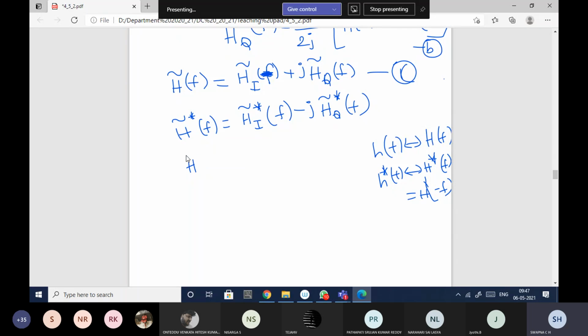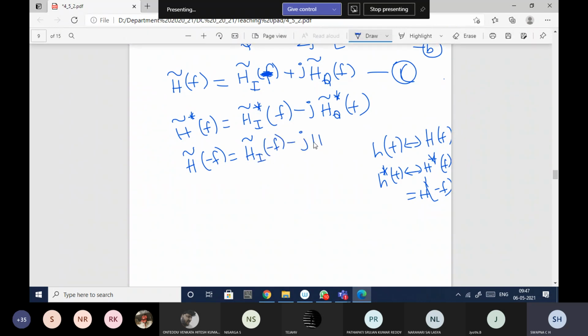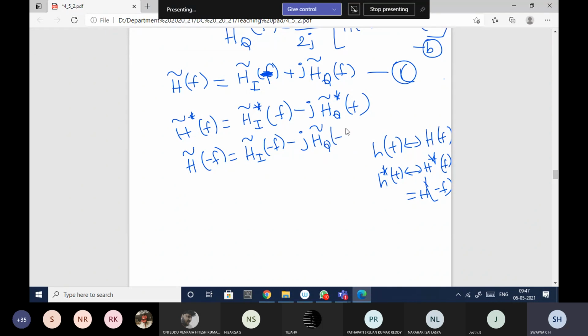Okay, the same thing I'll use here also, so it will become h star of minus f, which is equal to h_i of minus f minus j h_q star of minus f.